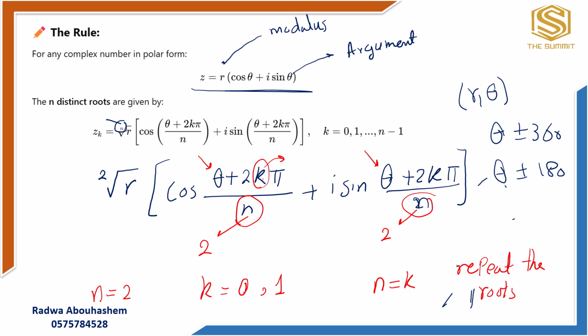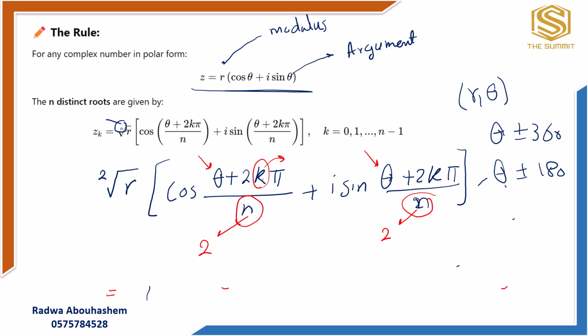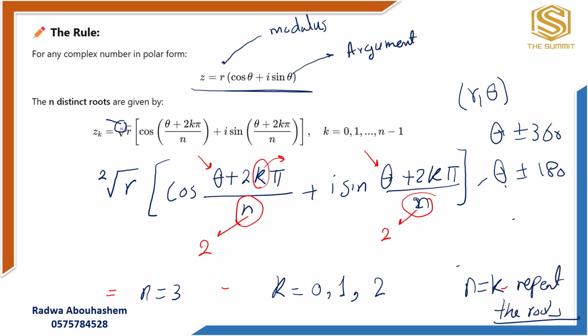So here n equals 2, so k may be 0 or 1, whatever you need to take the cubic root. So n equals 3, this means k would be 0 or 1 or 2. And once n equals k, this means I'm going to repeat the roots. No more distinct roots.